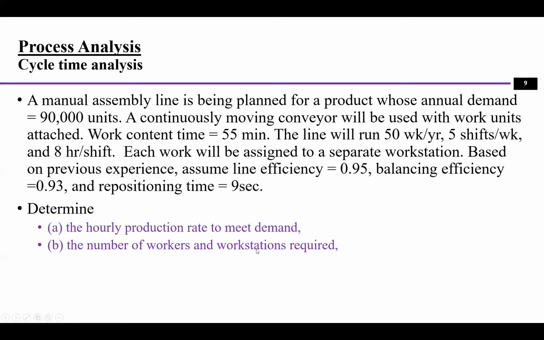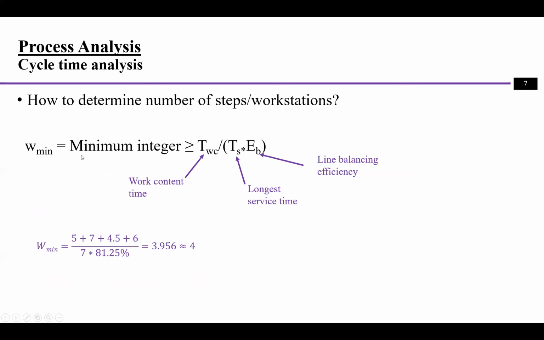As long as you can calculate the number of workstations, we are good. How do we calculate it? We can use this equation: TC, the total work content time, divided by the longest service time times the line balancing efficiency.